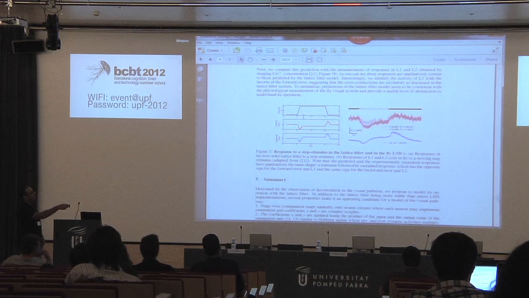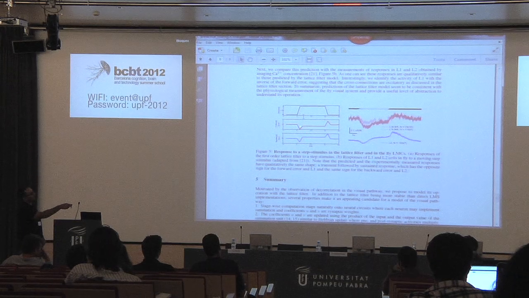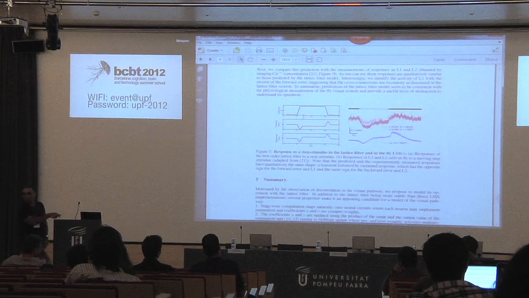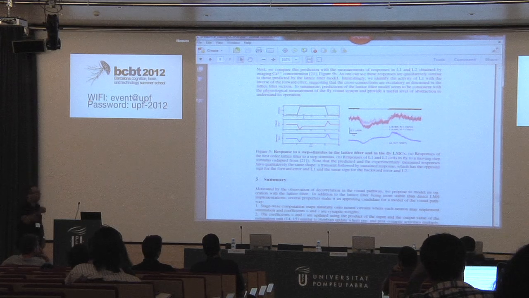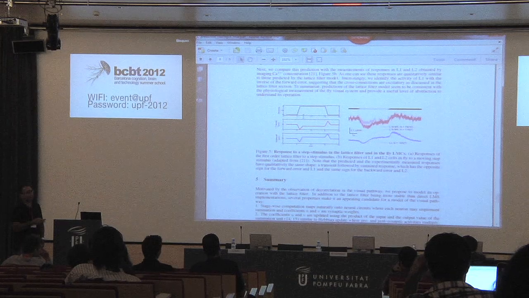But the L2 response, we think, is just the backward error. The difference between the two is not just the value of this peak, but the steady state part of the response. It has different sign relative to the transient. That's the reflection of the second phase being stronger than the first.